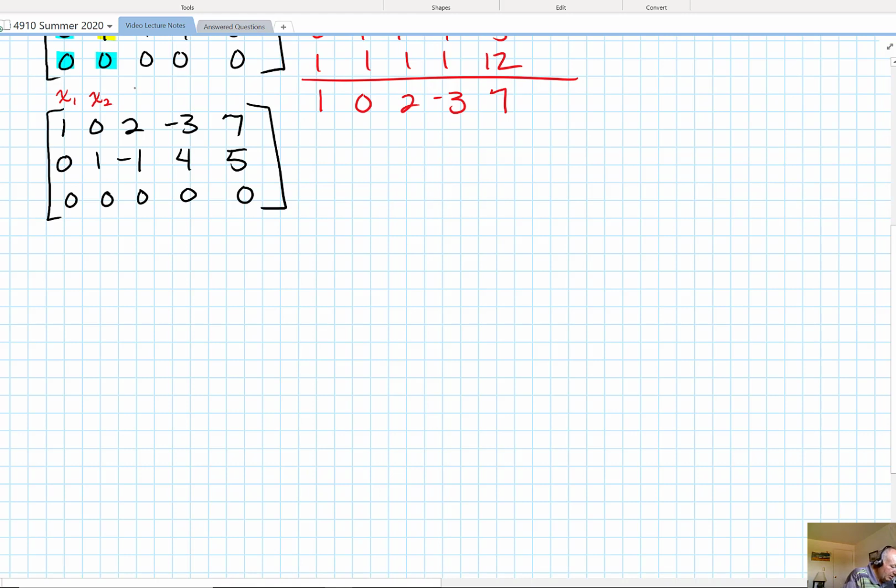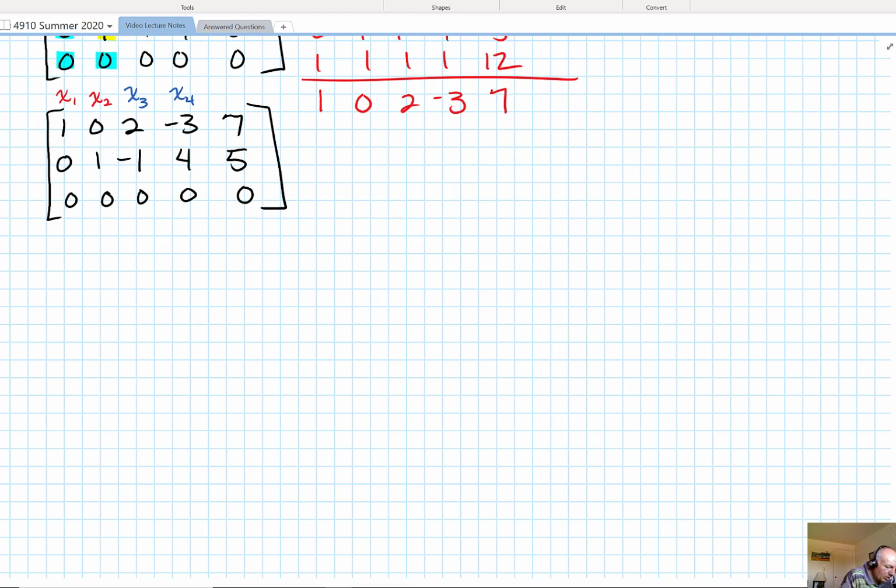The other columns don't have a leading term. These are our free variables, right? The columns without leading terms: the x sub 3 column and the x sub 4 column are both free variables. And so the way we do this, we know we're going to have an infinite number of solutions.